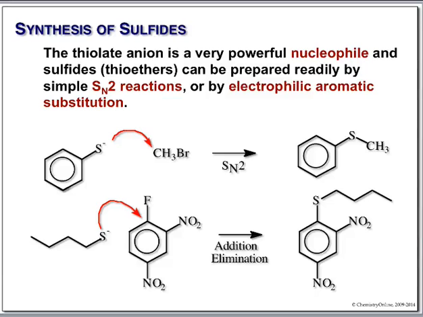The one thing that you can do with sulfides that's really interesting actually is that the sulfur, even though it's bound up now with two covalent bonds, is still nucleophilic enough that you can actually alkylate this.